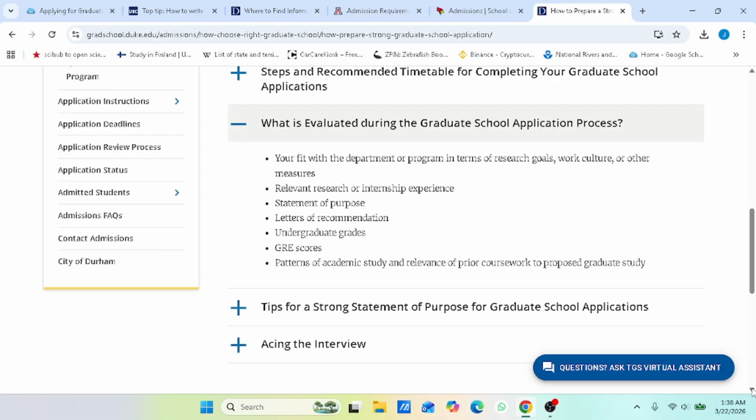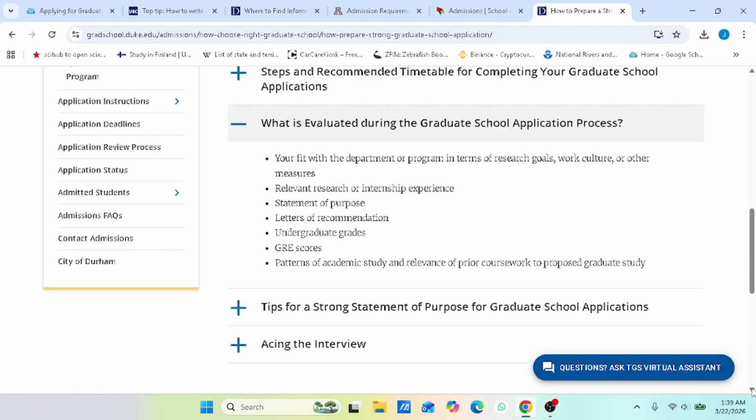You see now research is coming up again. So they expect you that you have an idea or some kind of direction where your research will go. So let me read again. You are fit with the department or a program in terms of research goals, work culture, or other measures.